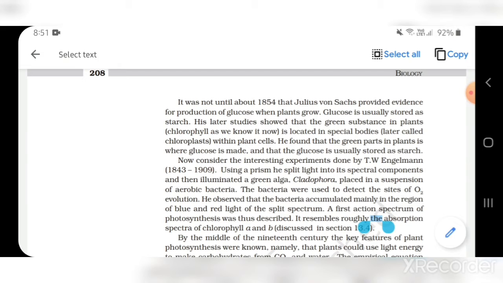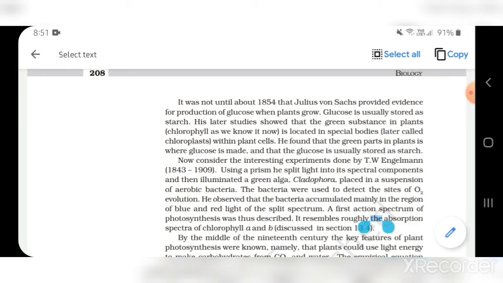Engelman was another scientist, and his experiment was carried out during the period 1884 to 1888, where he split light into various components by a prism, and then illuminated the cladophora, which is a green algae, placed in a suspension of aerobic bacteria.